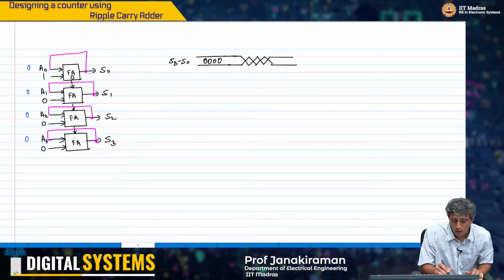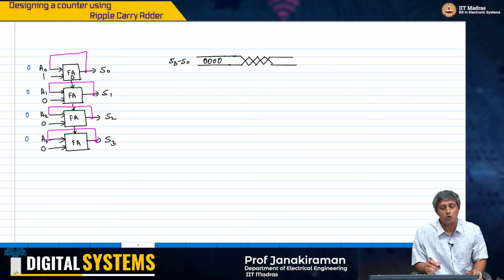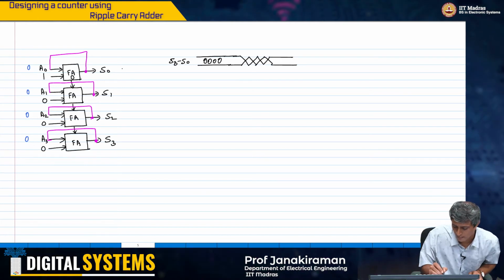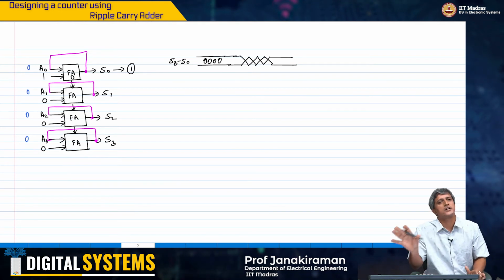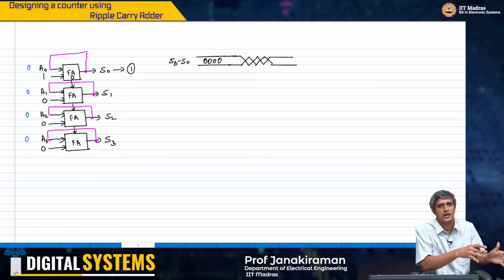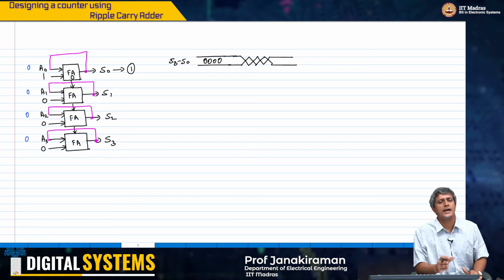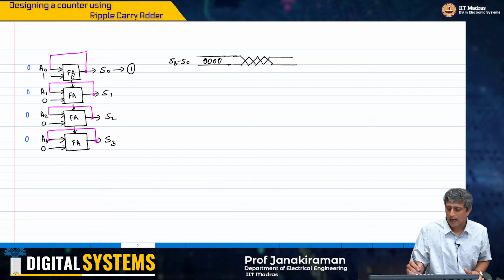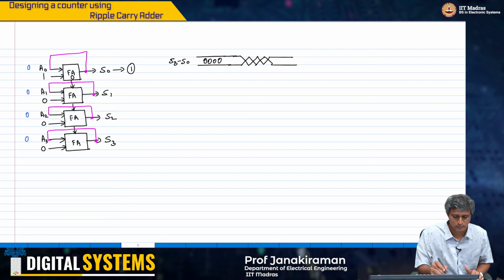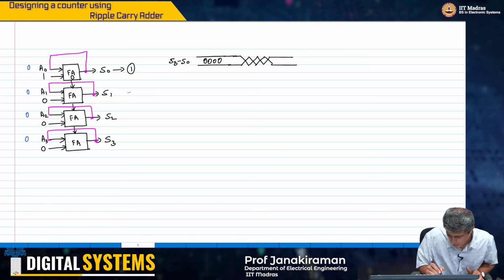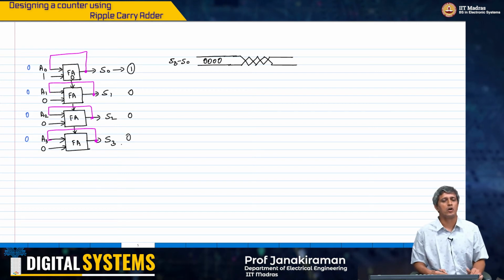S0, for example, will quickly change to 1. S1, S2, S3 have not yet settled to their final value because you have to propagate the carry. They have not yet settled, and therefore you will go to this new state, 0, 0, 0, 1.